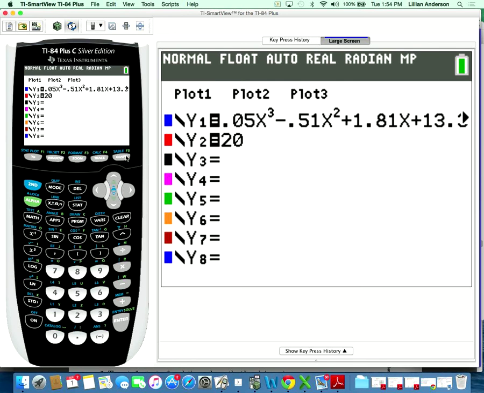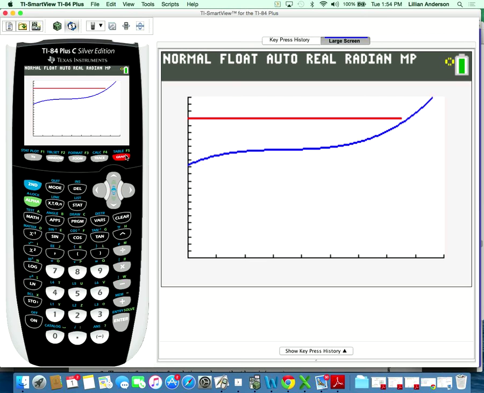And now graph. What you'll have is two curves now, your curve that represents your function, and then the straight line that represents 20. We're trying to figure out what is that point right there where the two lines intersect. Are you ready? Press the second button. Press the trace button. Trace is located right beside the graph button.